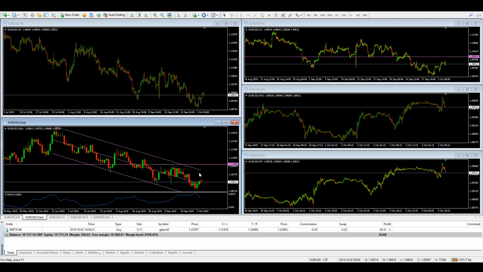Sure, I might avoid entering a position around that time just because the spreads might be a bit wider, and there might be that additional volatility. But all in all, I'm not really fazed by what the non-farm payroll can do.